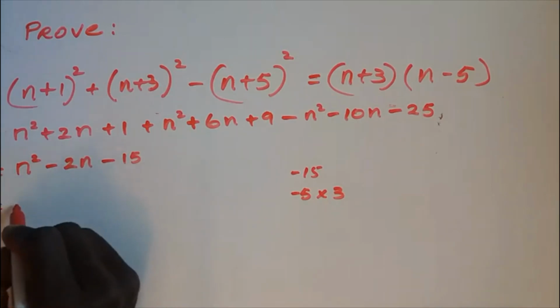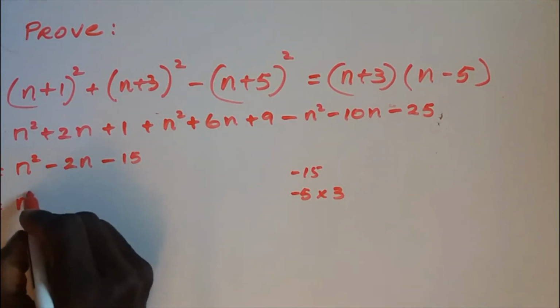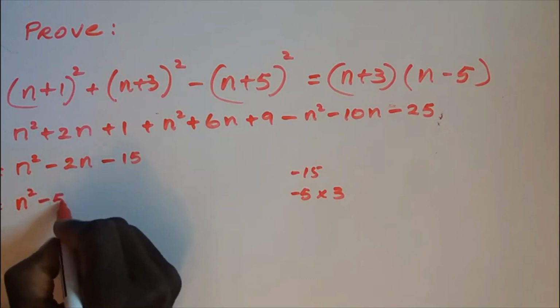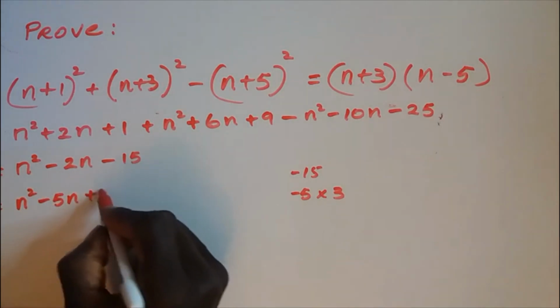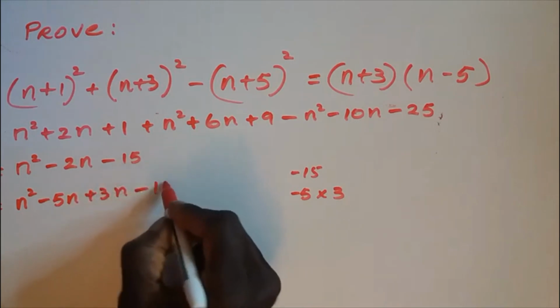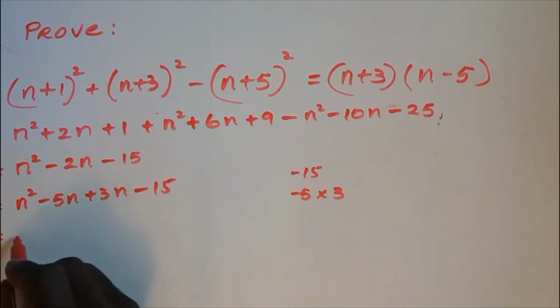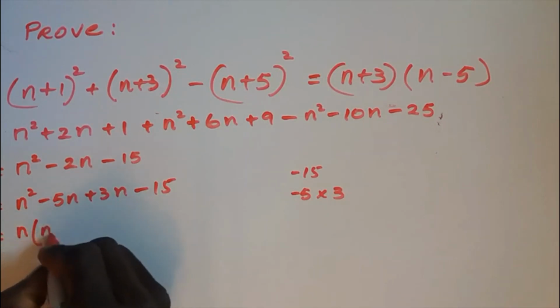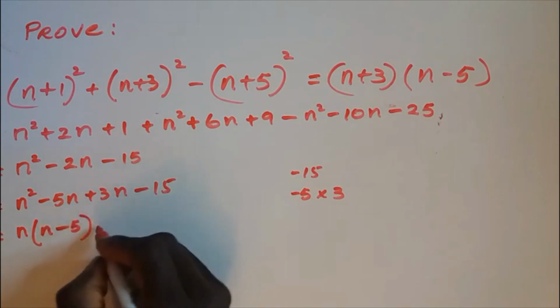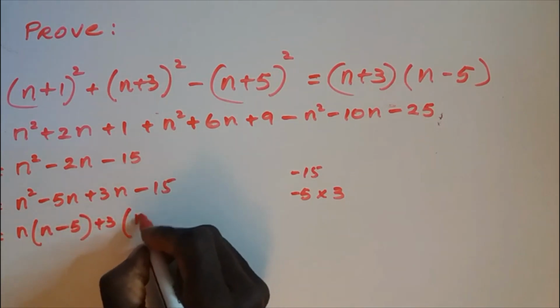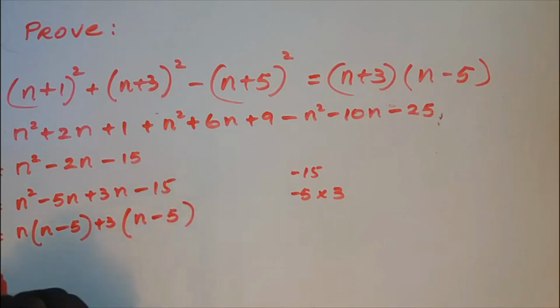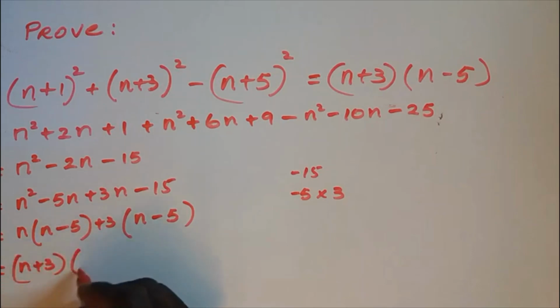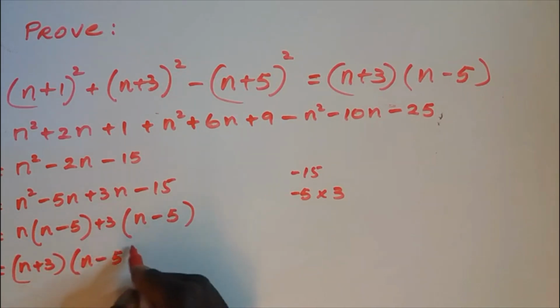So we'll factorize this by writing n squared minus 5n add 3n minus 15, which is equal to, we factorize again, n into n minus 5, add 3 into n minus 5, which is equal to n add 3 is common to n minus 5.